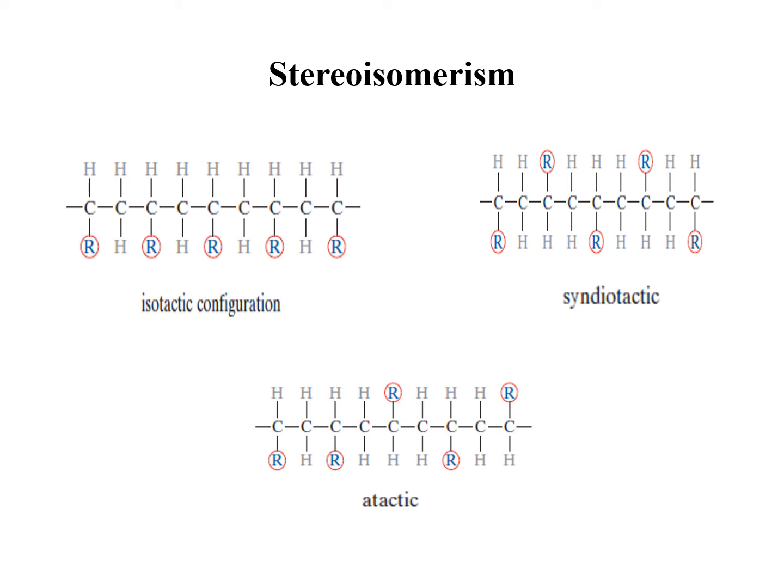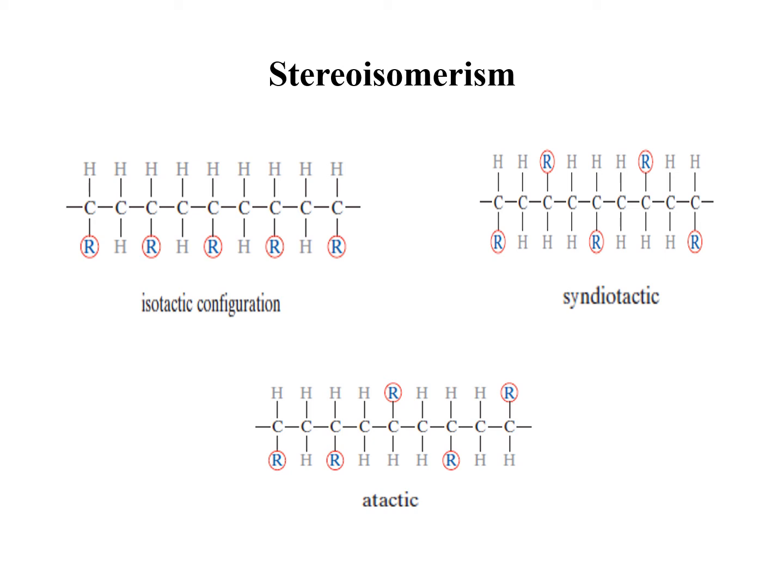Stereoisomerism is the situation in which atoms are linked together in the same order but in a different spatial arrangement. It happens only in head to tail configuration. In an isotactic configuration, all the R groups are situated on the same side of the chain.